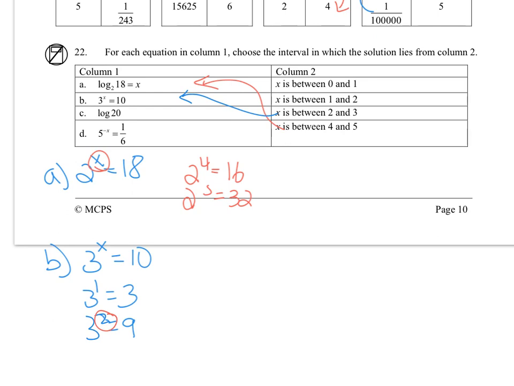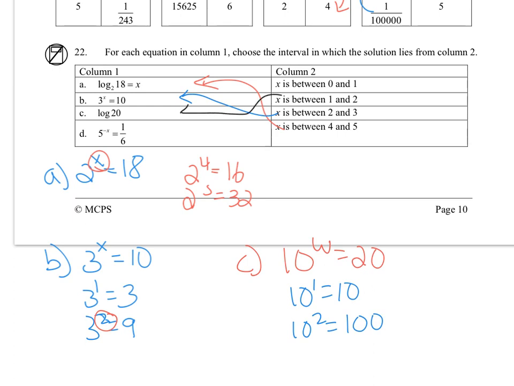Okay, for C, that's saying 10 to what power is 20? Well, 10 to the 1st is 10, and 10 to the 2nd is 100. So that 20 is between 10 and 100. So that's between 1 and 2 here.